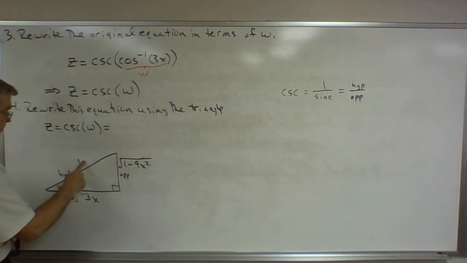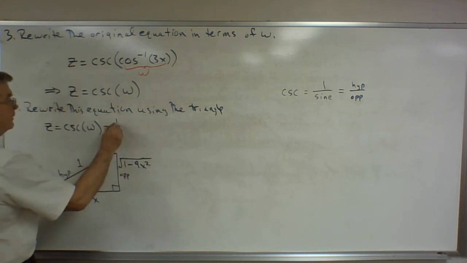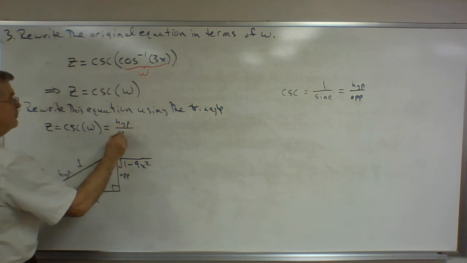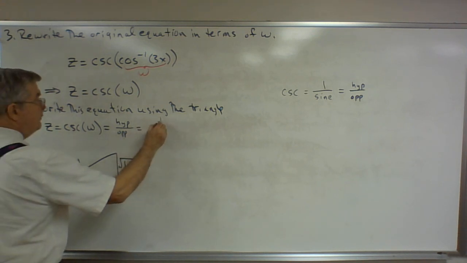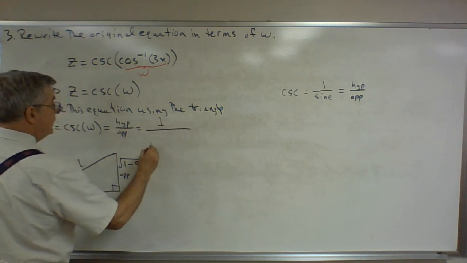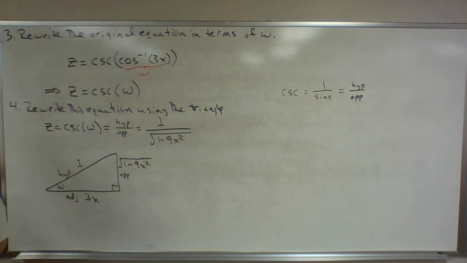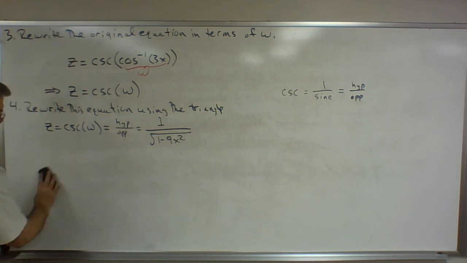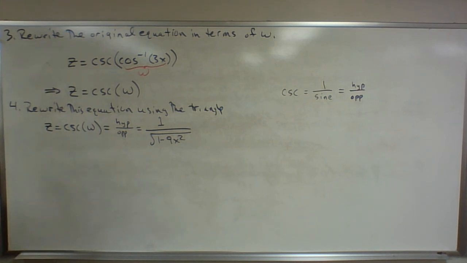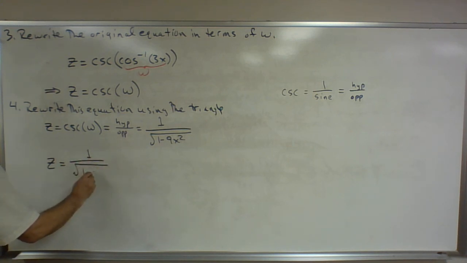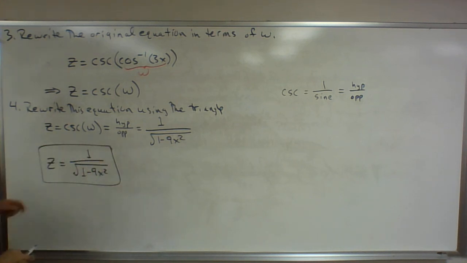Cosecant of w is hypotenuse over the opposite. And so that's going to be 1 over the square root of 1 minus 9x squared, and there we have it.